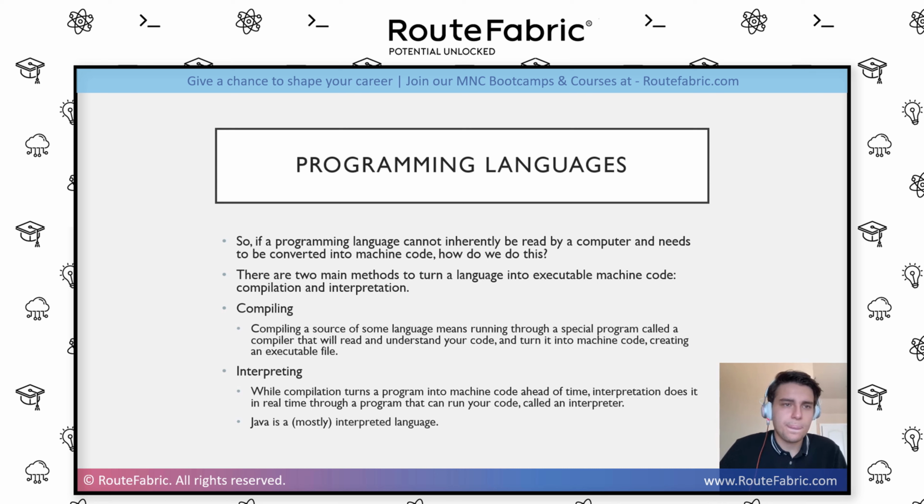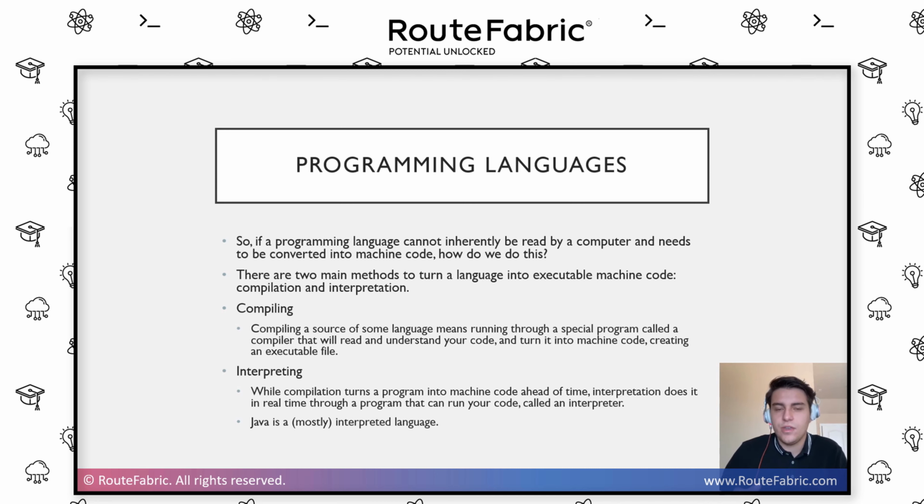Then you also have interpreting. While compilation turns a program into machine code ahead of time, so when you compile a program, you write the program and then you compile it, and then you can run it after that each time without needing to compile it again because it's already been turned into machine code, interpreting does this in real time through a program that can run your code called an interpreter.